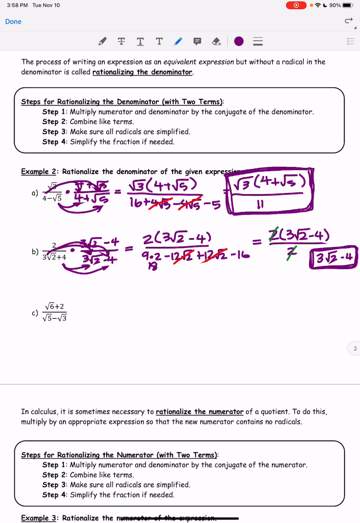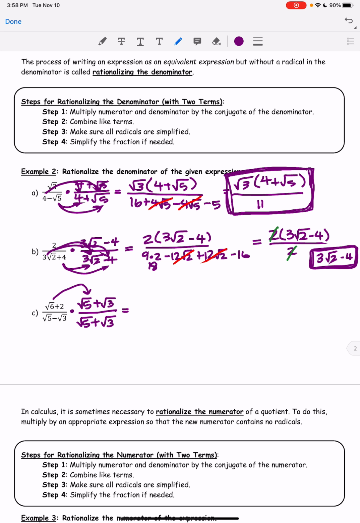So on C, we've got two terms in top and bottom. Because I'm rationalizing the denominator, we want the conjugate of the denominator. So I've got square root 5 times square root 3 times square root 5 over square root 3. Again, that equals 1. Not pretty, but it equals 1. So in the top, we are going to have to FOIL again.